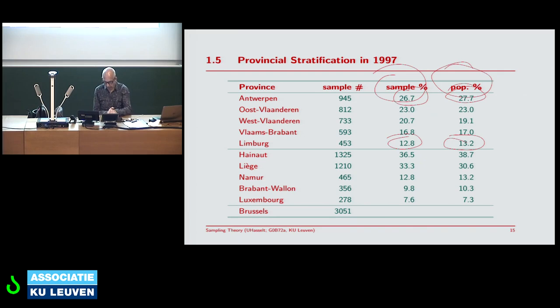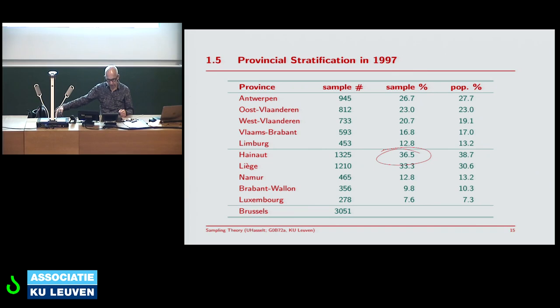And if you add them up, they always add up to 100%, but of course within region. It makes no sense to do that for Flanders and Brussels combined, because Flanders and Brussels have the same sample size, but a different population size. So this is comparing apples and oranges, really. You might say, well, Hainaut is the largest province because it has the largest sample percentage.